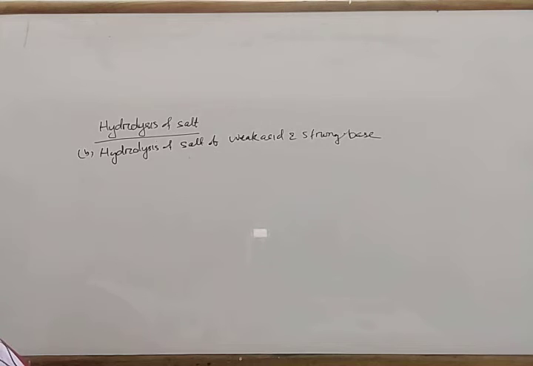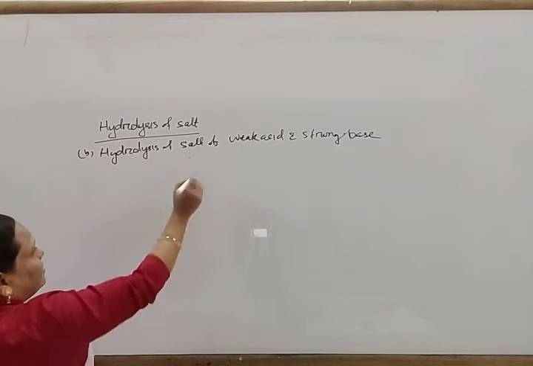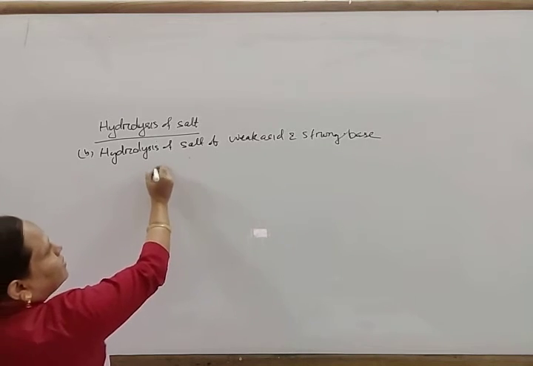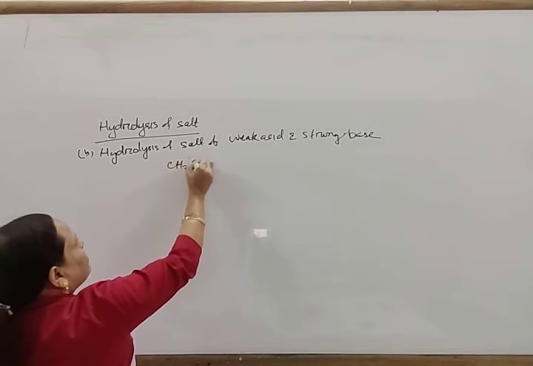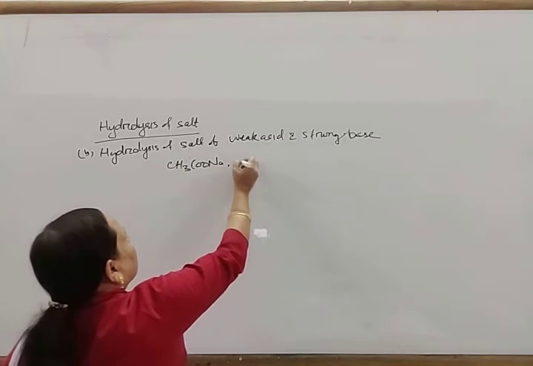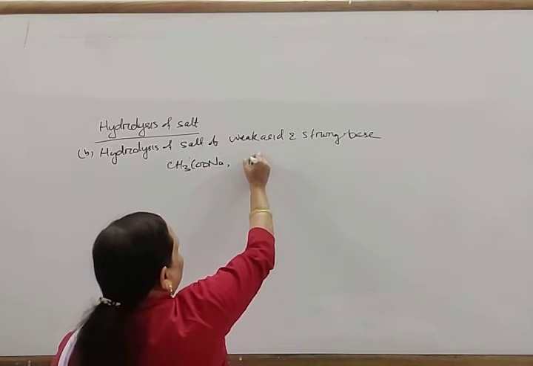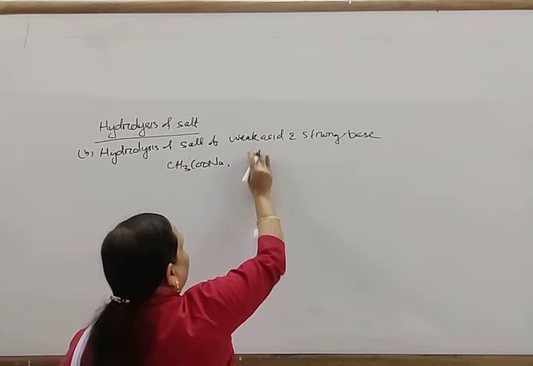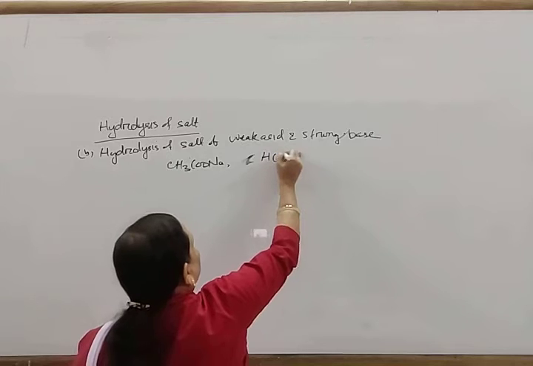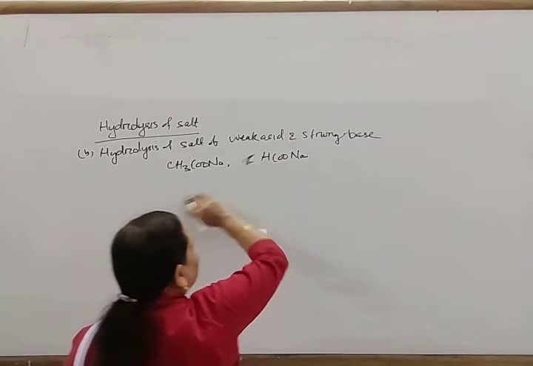Hydrolysis of salt of weak acid and strong base. Some examples are CH3COONa, then HCOONa. So these are some examples.